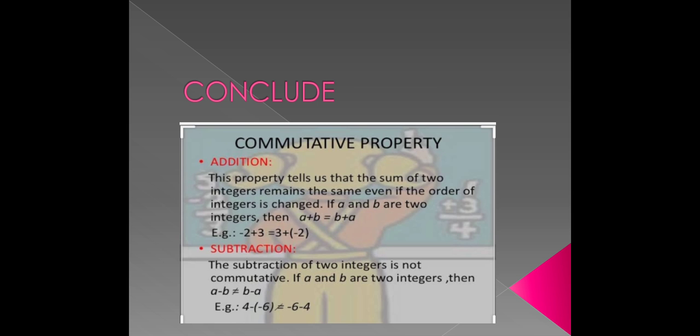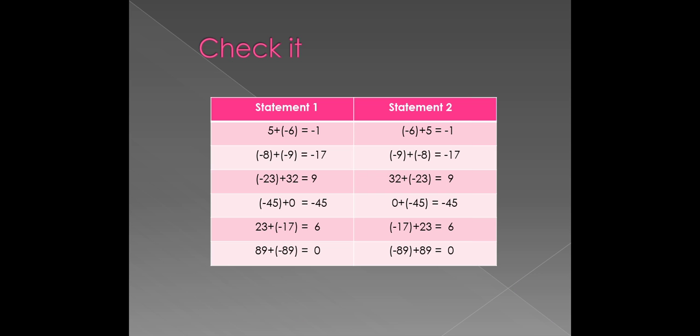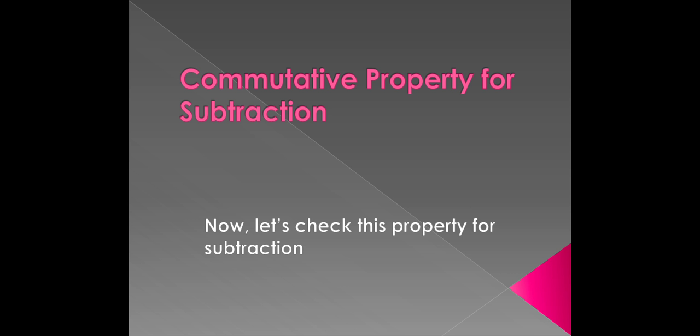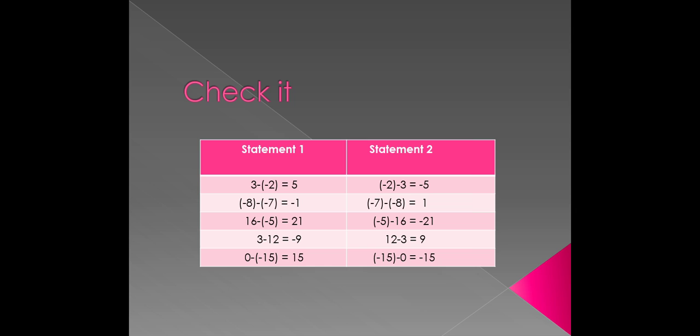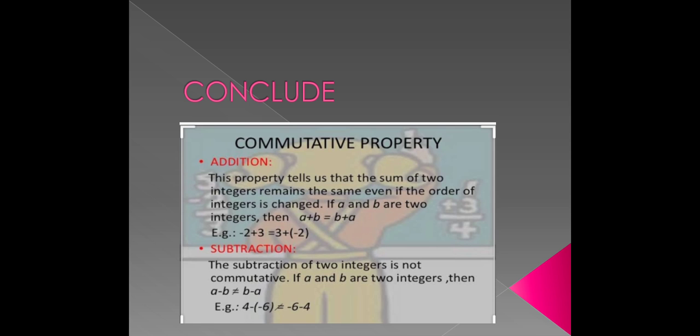We have seen that after changing the order we got the same result for addition, and that after changing the order we didn't get the same result for subtraction. For that reason we can say that the commutative property of integers is satisfied under addition, but not under subtraction.